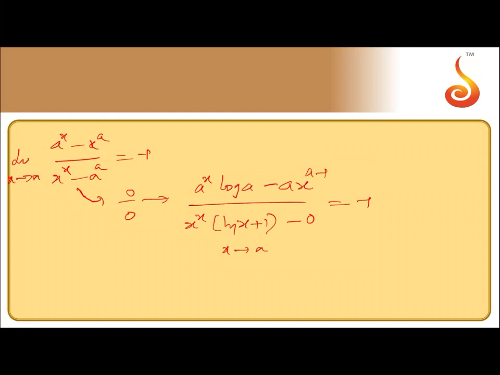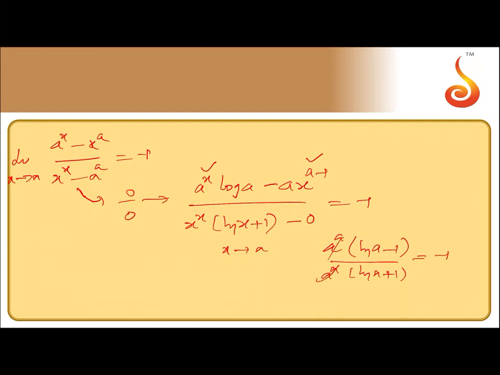Let me substitute. You will get a^a taken common: (log a − 1) divided by a^a (log a + 1), and a^a gets cancelled, and this is equal to −1.